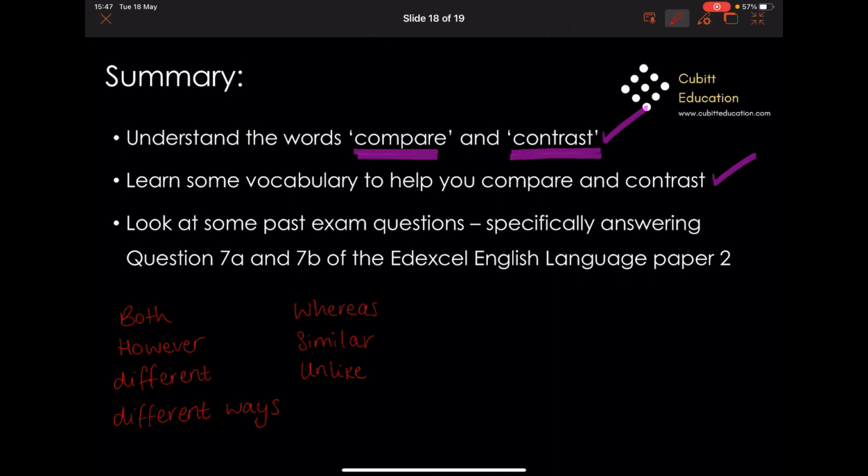Most of the time, you're looking at using your quotes in order to show those comparisons. Your quotes and your references to the text will show those differences and similarities. We've looked at past exam questions, definitely, specifically answering question 7A and 7B for the Edexcel English Language paper 2.